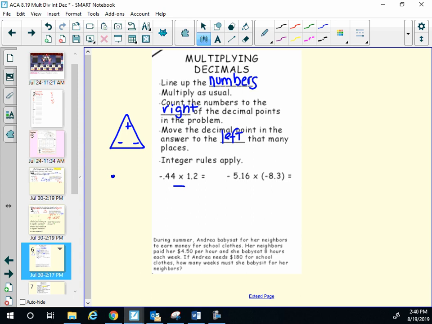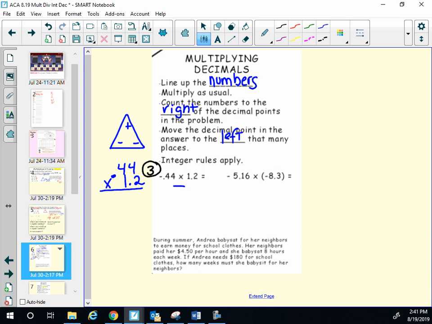When we multiply, this is what it's saying. We have 0.44 times 1.2. How many numbers are behind the decimal in the problem? 3. There's 1, 2, 3. Do we all see all 3? There's 2 numbers here and 1 number here.